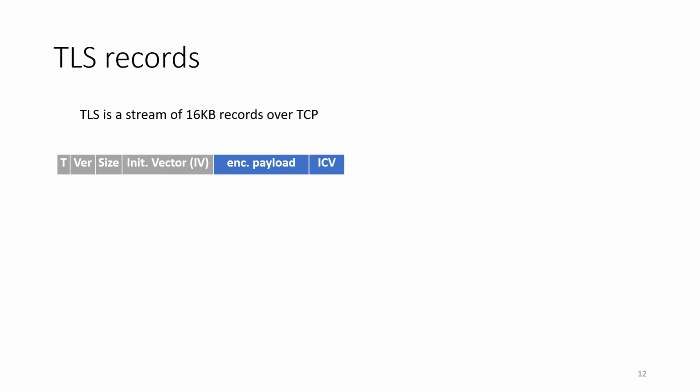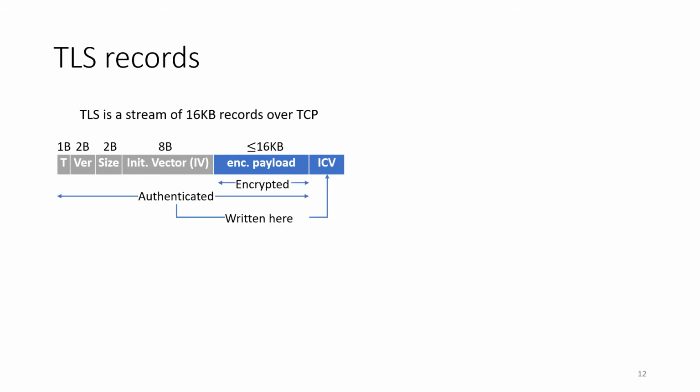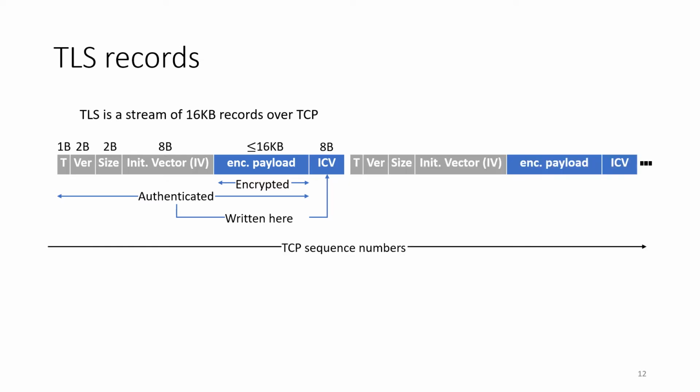Record headers consist of the following fields: 1 byte for type, 2 bytes for version, 2 bytes for size, 8 bytes for the initialization vector, at most 16 kilobytes for the encrypted payload, and an additional 8 bytes of trailer that contain the integrity check value, which is the authentication result of the entire message. These records are sent over TCP, where each byte has its own TCP sequence number.